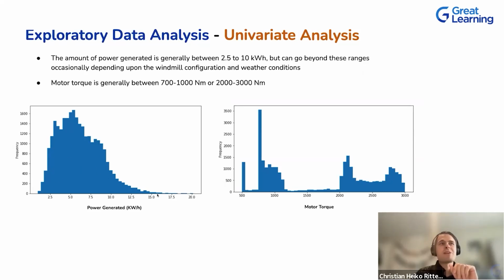But up here, where apparently the wind turbine was rotating like crazy and producing a lot of energy, maybe we don't have much data, and a model trained to predict the kilowatt hour in that area might be problematic.